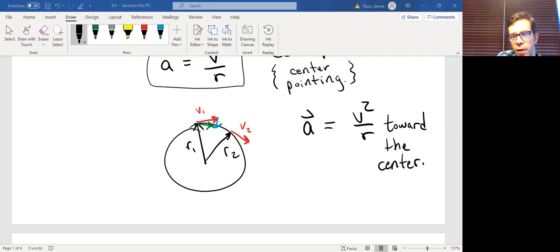And V of the canoe in still water is 5 meters per second. And you're trying to paddle across the river to get to this dock.